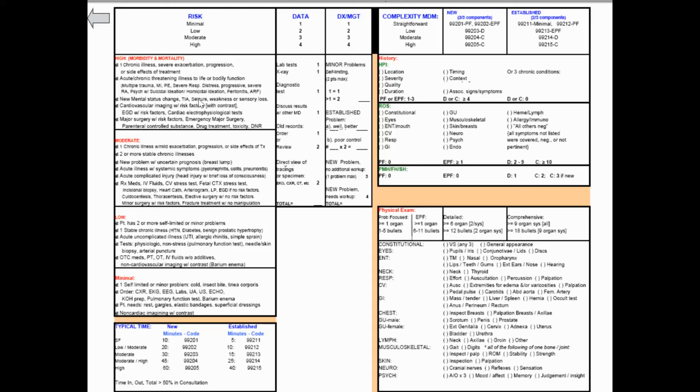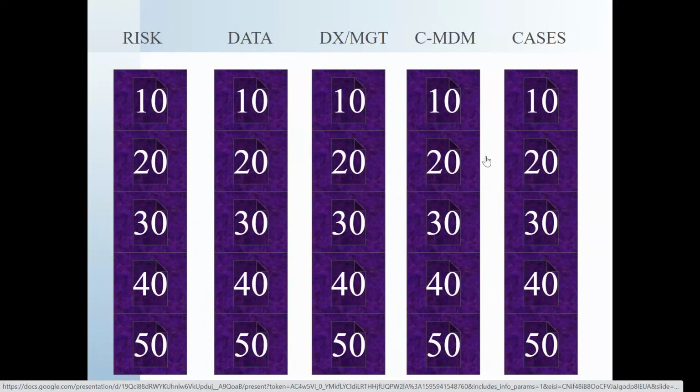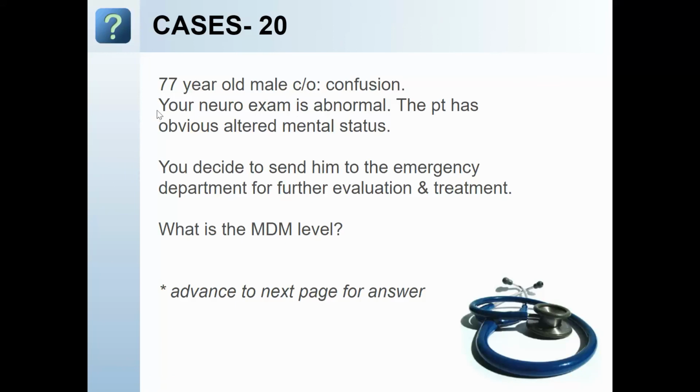These conditions don't fit nice and neatly into all these little categories. But this is one. Mental status is one you can usually, ethically, always hang your hat on. Your neuro exam is abnormal. Mental status, go into the emergency department.